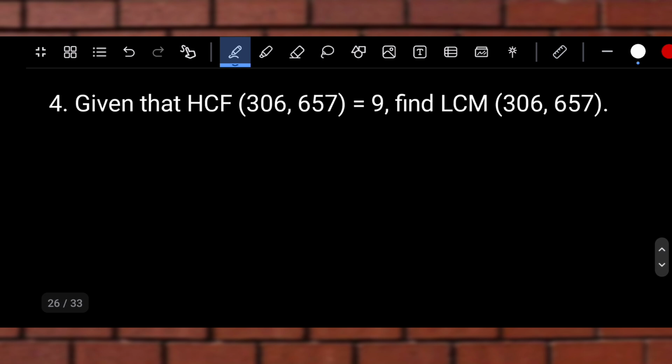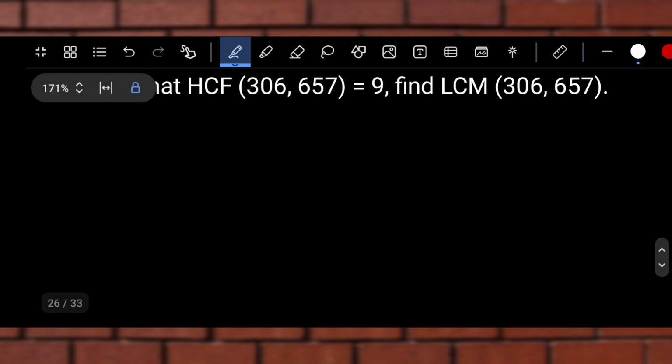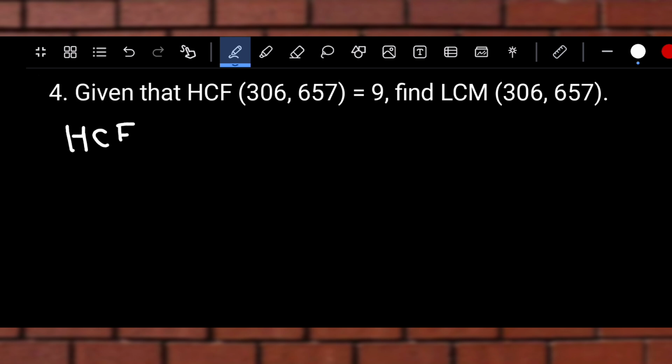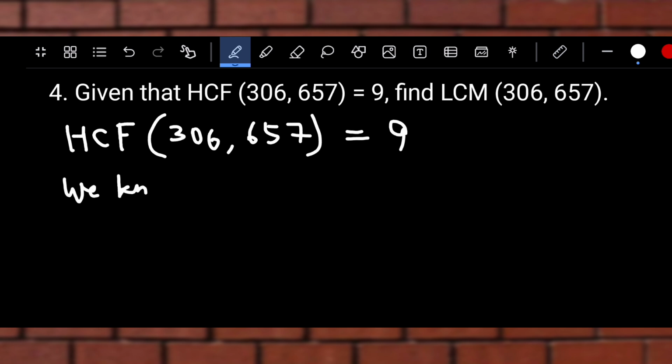Fourth question. Given that HCF of 306 and 657 is equal to 9, find the LCM of these two numbers. First we'll write what is given. Given is HCF of 306, 657 is equal to 9. Now what do we know?